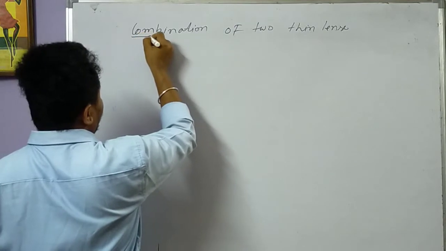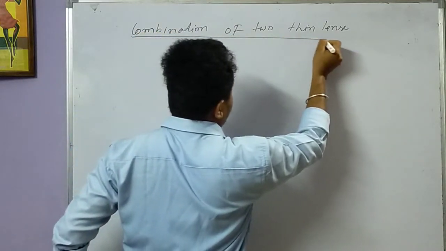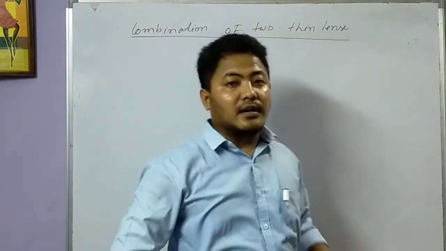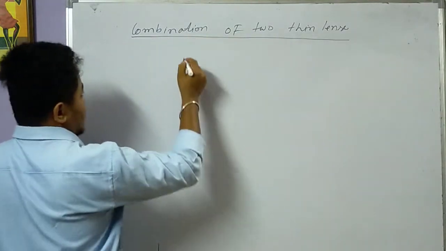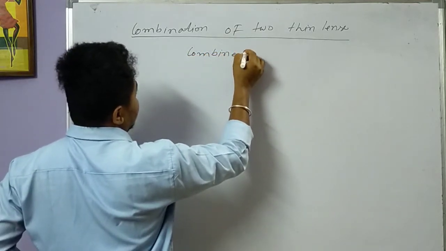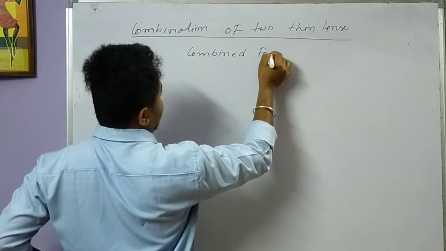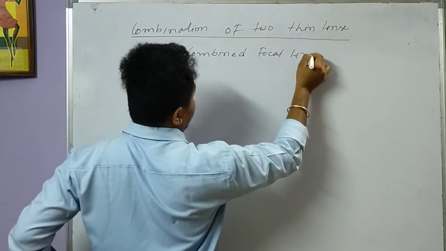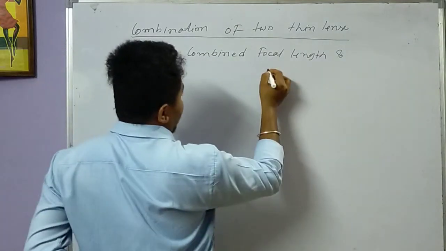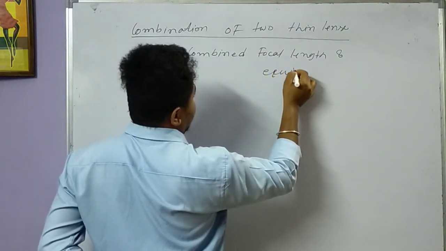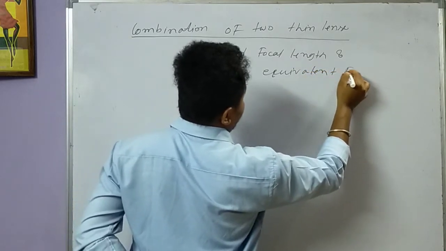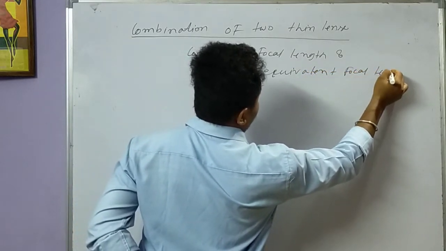If you combine two thin lenses, what is going to be their equivalent focal length? That means we can also say combined focal length, or equivalent focal length.